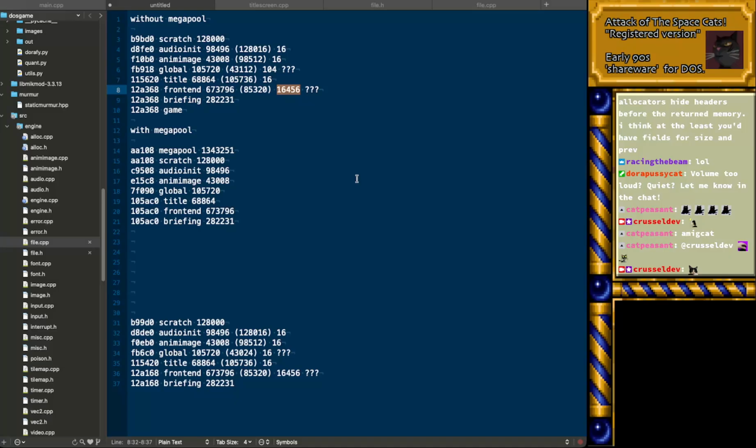What's the difference actually? Is that 64 bytes more than 16K? I think it is. 16,456 minus 16,384. 72 bytes. Damn, that is a bit of a coincidence there. A little bit more than 16K.